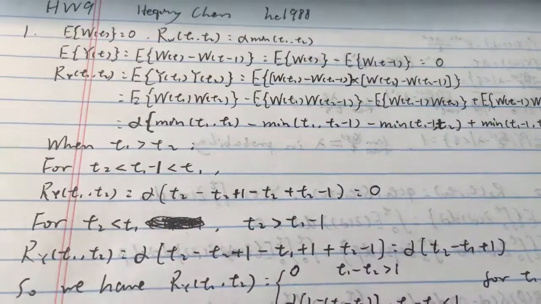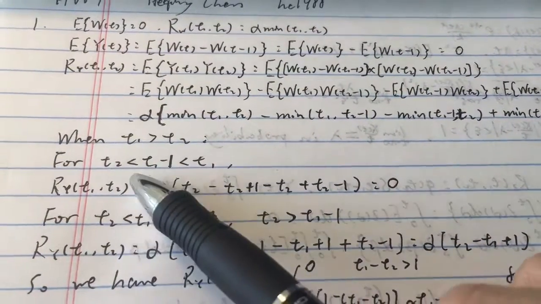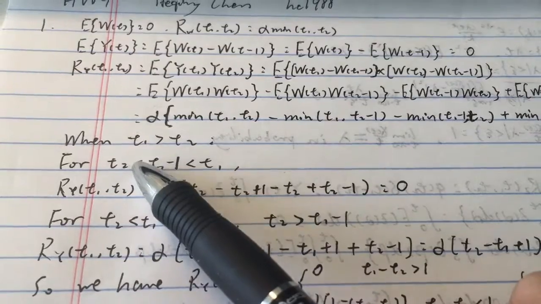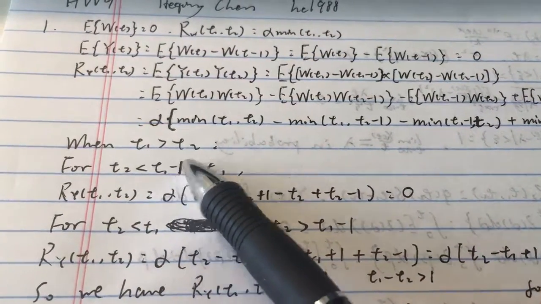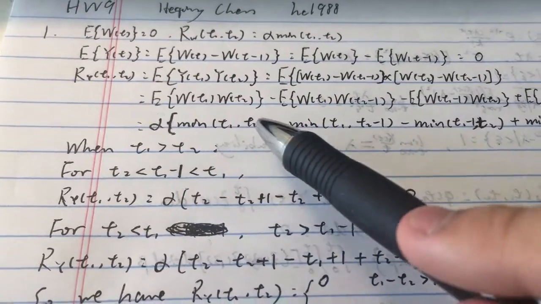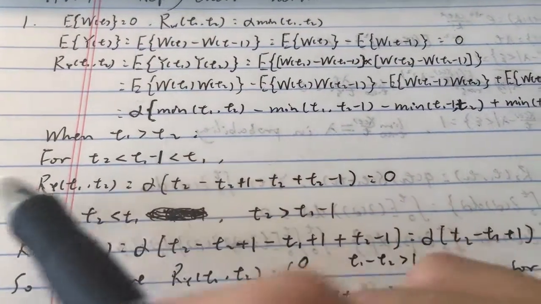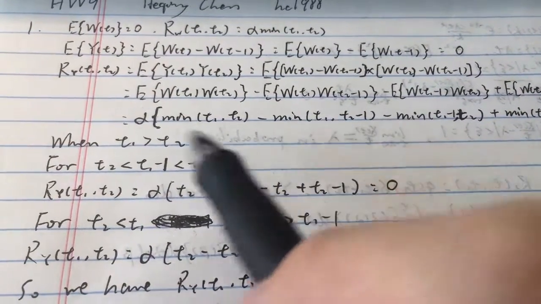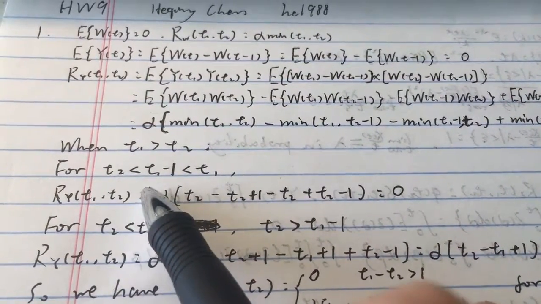First, we assume that t2 is less than t1 minus 1. In this case, we put this into this, and we get the autocorrelation.